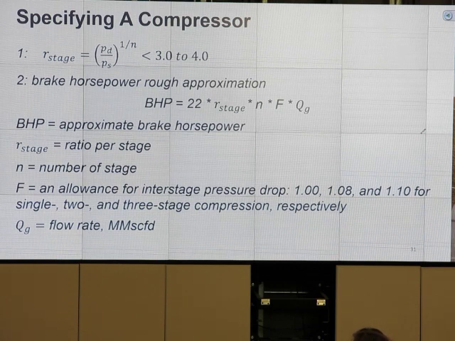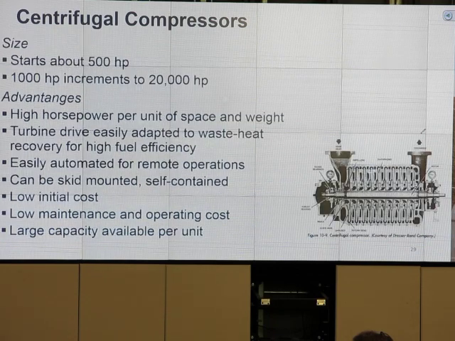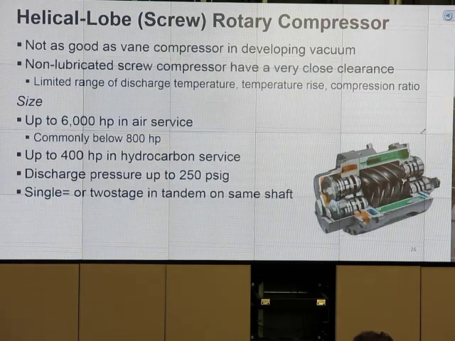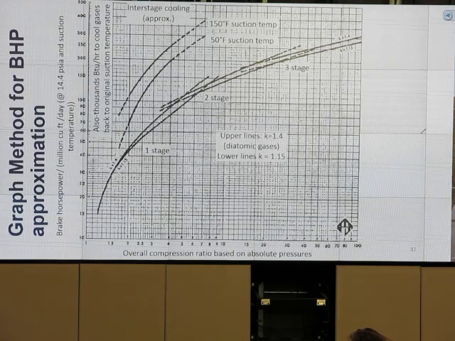That's the size of the prime mover that goes on the machine. And so there are efficiencies that have to be taken into account as to how that prime mover and the compressor are coupled together, or that pump and the motor are coupled together. Those efficiencies have to go through there, so your brake horsepower will be higher than your hydraulic horsepower or your isentropic horsepower that is calculated through that machine.